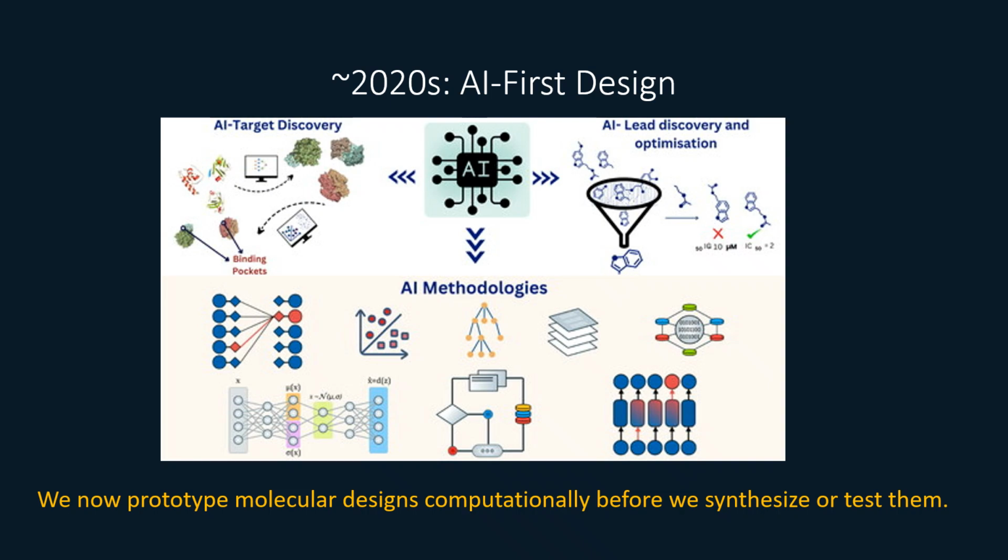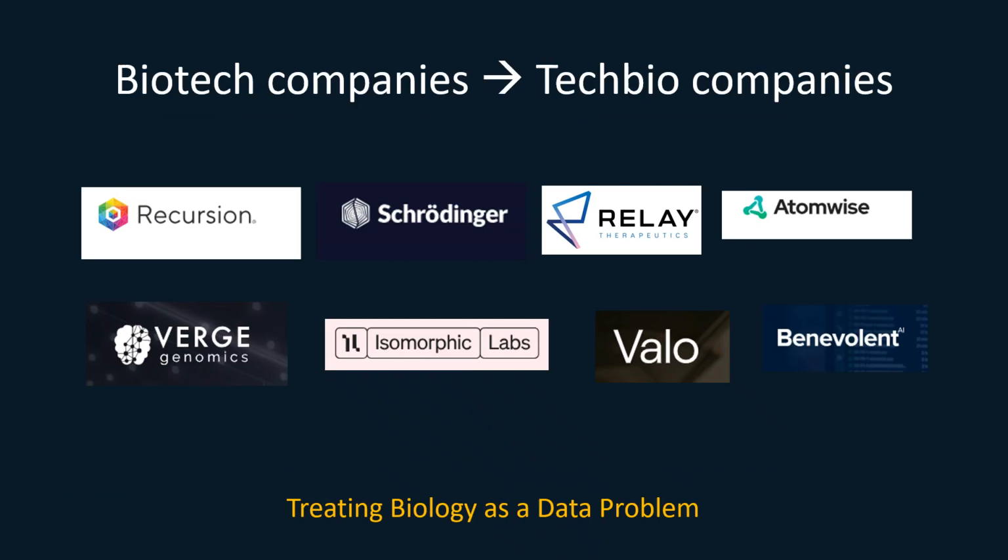And then we will see a new type of companies in this space. We are seeing a shift in who is building new therapies. Alongside traditional pharma and biotech, a new group of tech bio companies is designing drugs using data-driven pipelines.